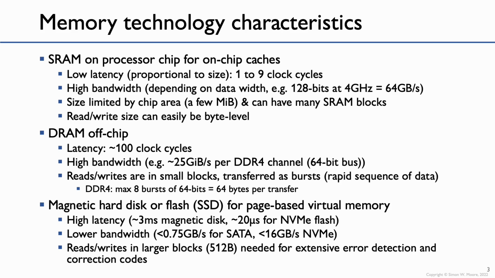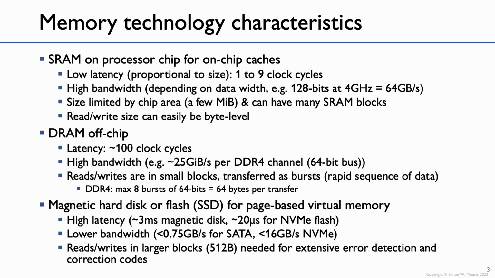It's going to be microseconds though if you've got modern NVMe based flash disk storage, which is a much faster interface than say SATA. The bandwidth though is lower. If it's over a SATA link for a magnetic disk or just a SATA based SSD, then it's going to be less than a gigabyte per second.